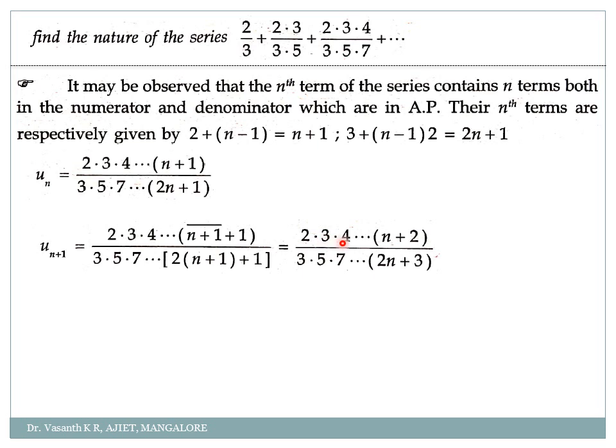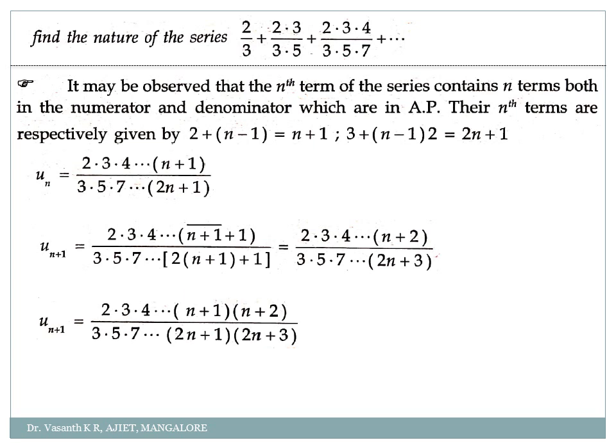So it will become 2 into 3 into 4 up to n plus 2 divided by, you multiply this 2 to both the terms, 2n plus 2 plus 1, it will become 2n plus 3. This is your un plus 1. Now I will get un plus 1 divided by un.